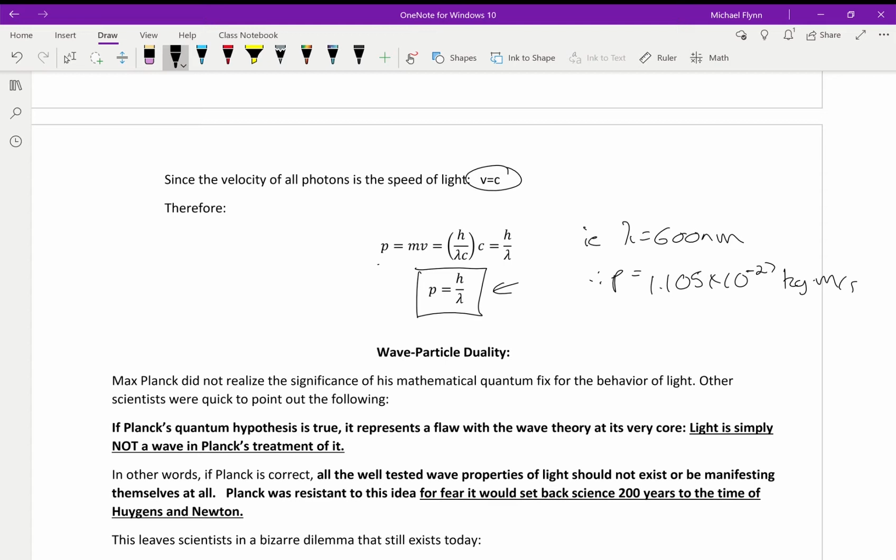In fact, radio photons hardly ever show any visible quantum-like behavior. Okay, they basically behave like waves all the time. But the more intense the energy gets, so gamma rays, they hardly ever behave like waves. Okay, it's kind of interesting how that works.